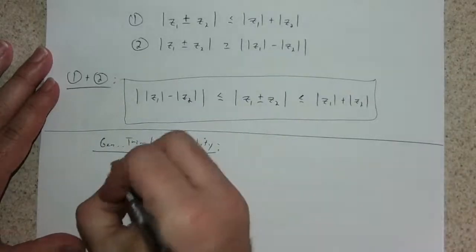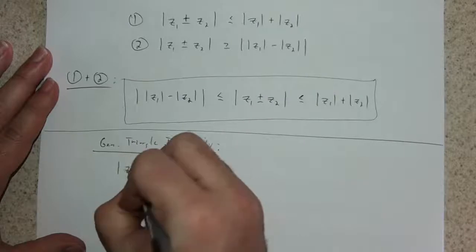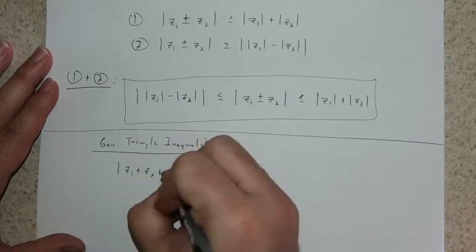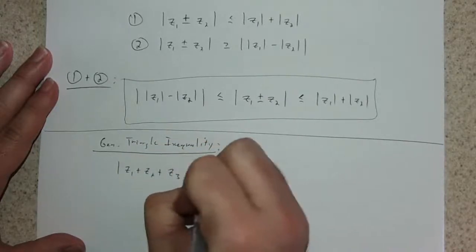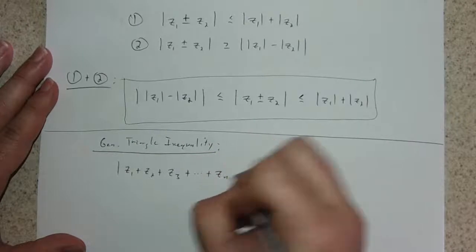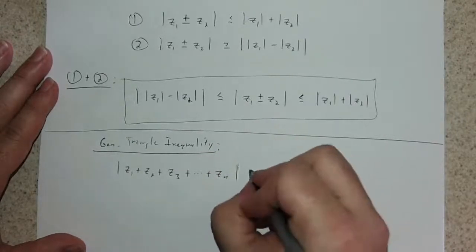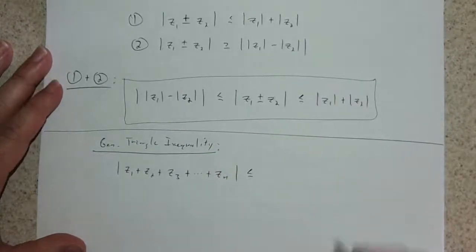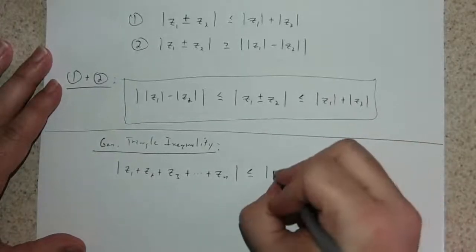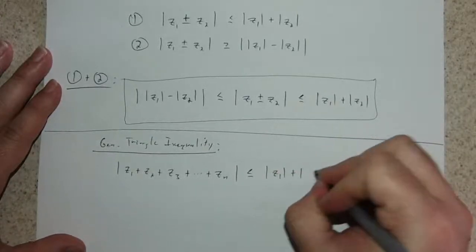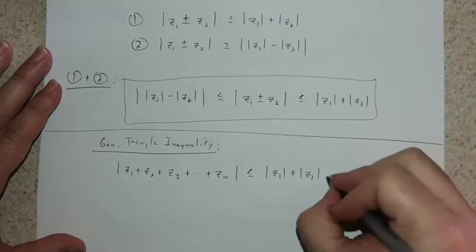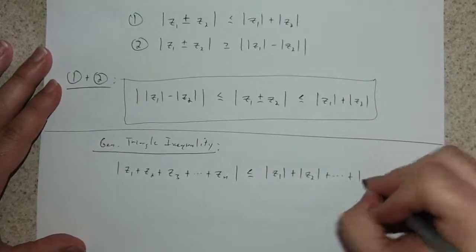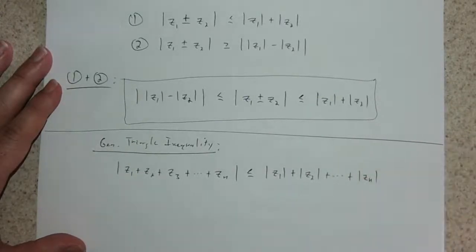So the generalized triangle inequality says you can actually do this for a sum of any number of complex numbers. So you have a sum of n complex numbers. If you take the modulus, then that is less than or equal to the sum of all of those moduli taken separately.